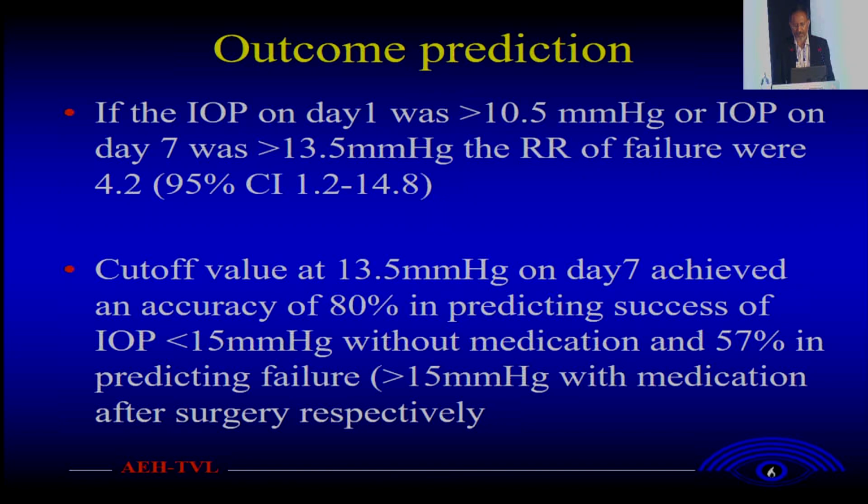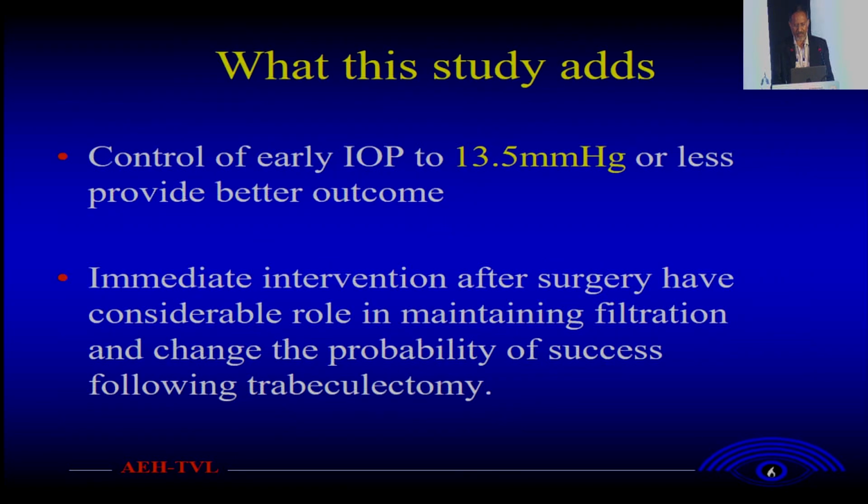So a cutoff value of 13.5 on day 7 achieves accuracy of 80% in predicting success of IOP less than 15 without medication, and 50% for predicting failure of more than 15 with medication after surgery, respectively. So what the study says is that control of early IOP at 13.5 mmHg or less provides a better outcome. So immediate intervention after surgery has a considerable role in maintaining filtering and changing the probability of success following trabeculectomy.